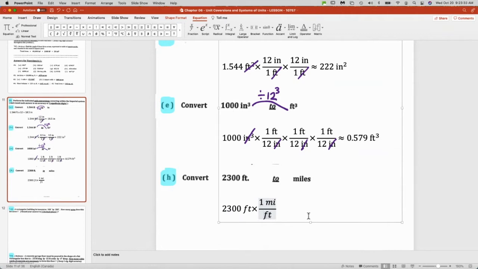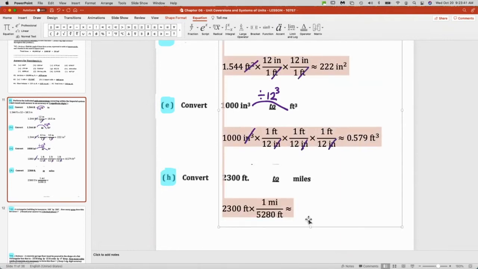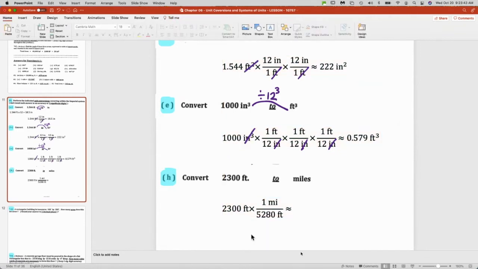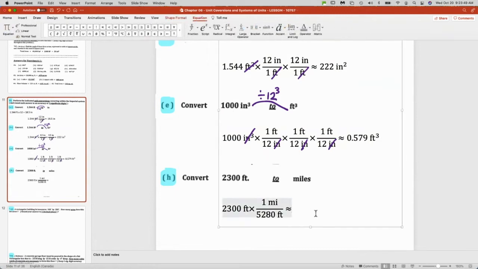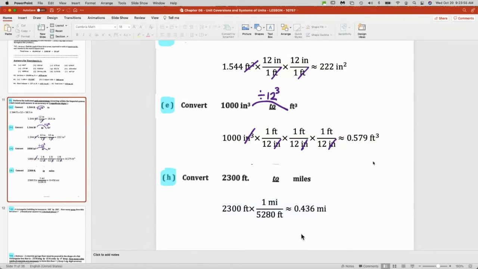So I know that 1 mile is 5,280 feet. And that affords us a very quick calculation here. If you convert that, that's going to be 0.436 miles. And that's another conversion of this type.